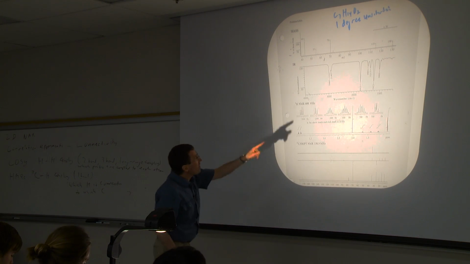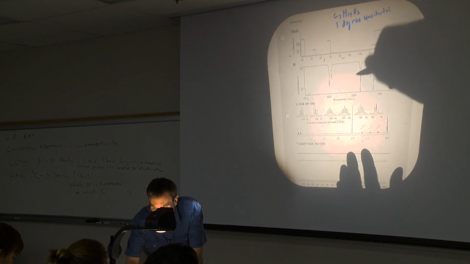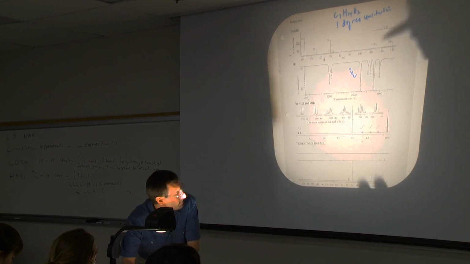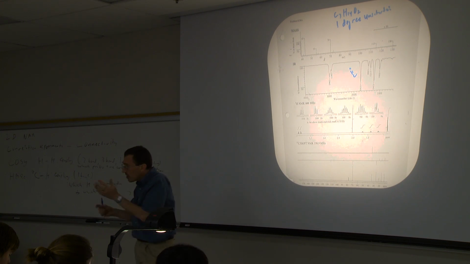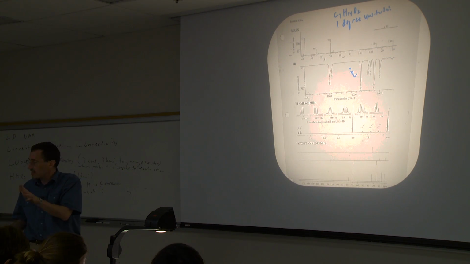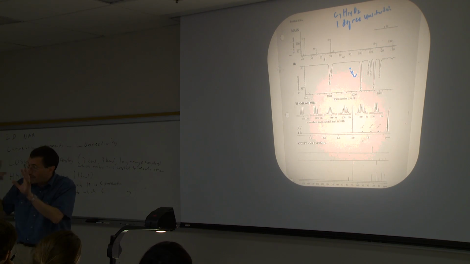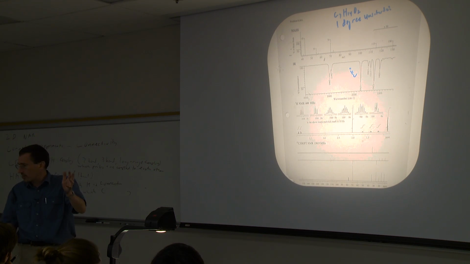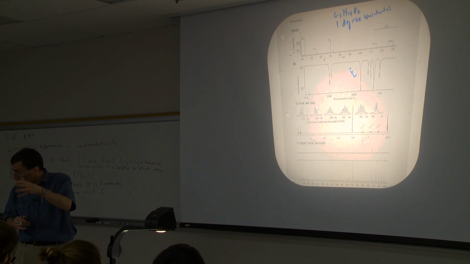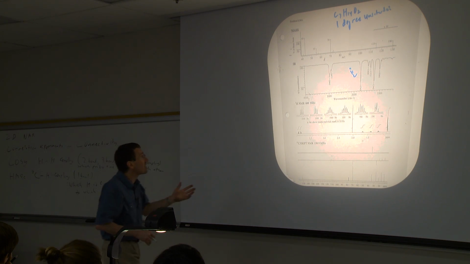I look at the IR spectrum. I see a carbonyl. And the position of the carbonyl is interesting, 1743, whereas ketones are generally about 1715, 1705 to 1725, thereabouts. Esters are usually a little higher, about 1735 to 1750.